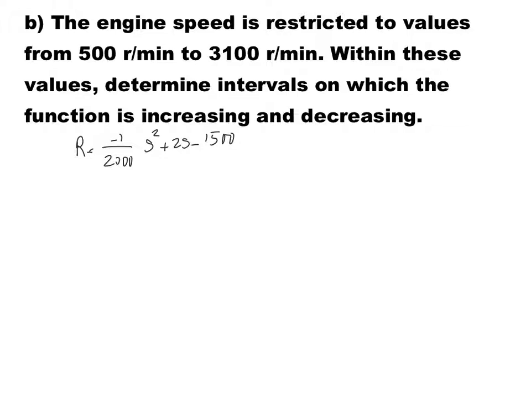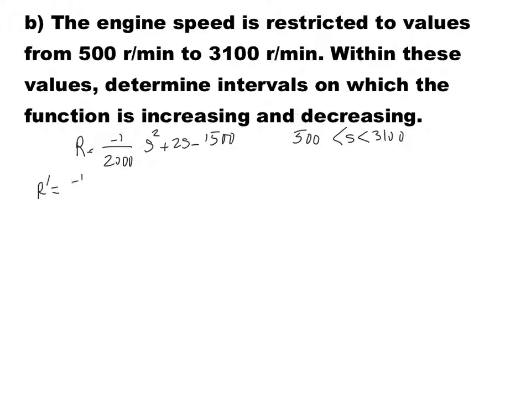The next part of the question says the engine speed is restricted to values from 500 revolutions per minute to 3100 revolutions per minute. So we know that s is between 500 and 3100. Within these values, determine the intervals on which the function is increasing or decreasing. So obviously we have to find r prime.